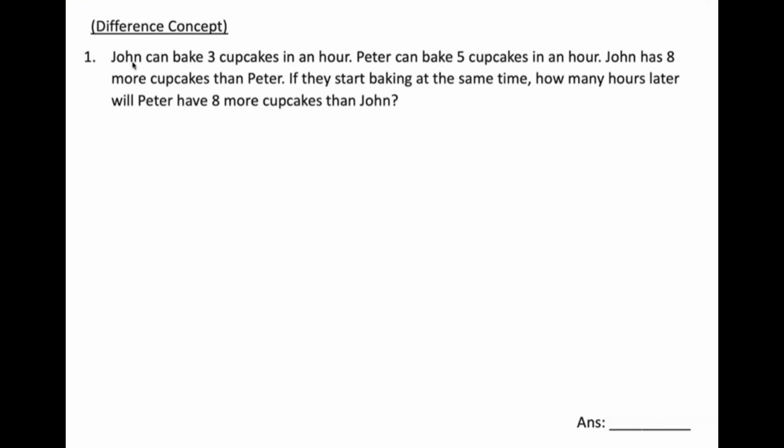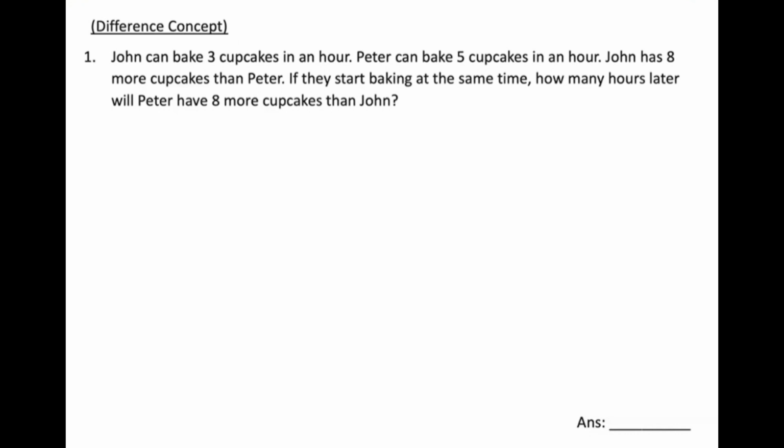Correct? So if you look at the question, John baked 3 every hour, Peter baked 5 every hour. It will mean that every hour, Peter can bake 2 more than John. So although John started more than Peter, but because Peter is baking 2 more cupcakes than John every hour, over time, Peter will be able to catch up and more.